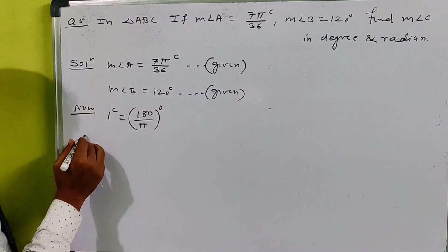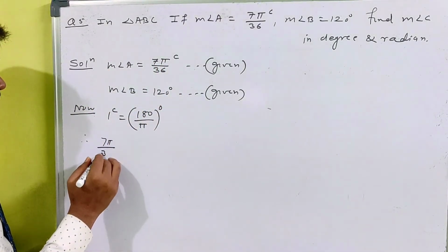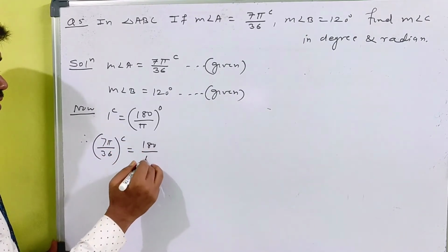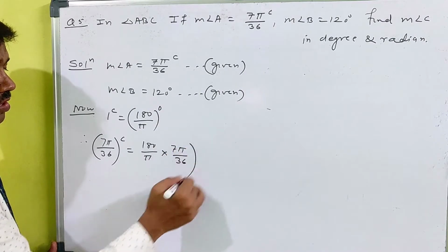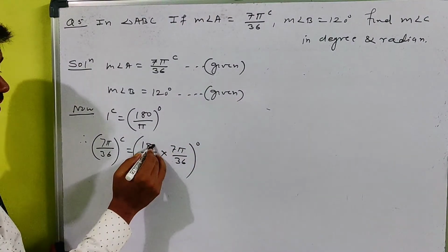Therefore, multiplying both sides by this, 7 pi upon 36 radian is equal to 180 upon pi into 7 pi upon 36. So that gives you, pi cancel.